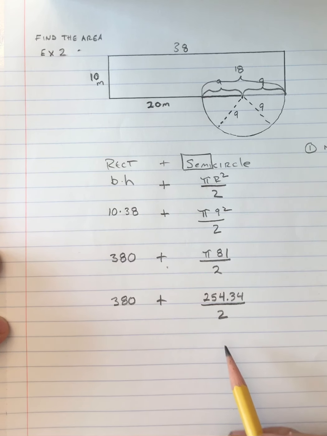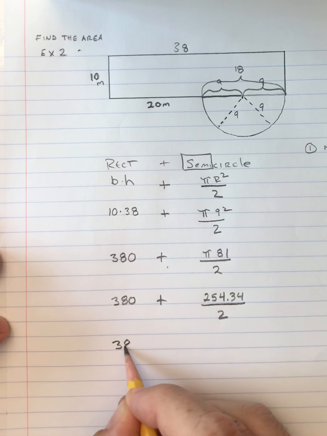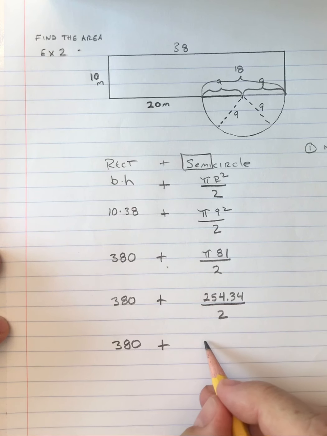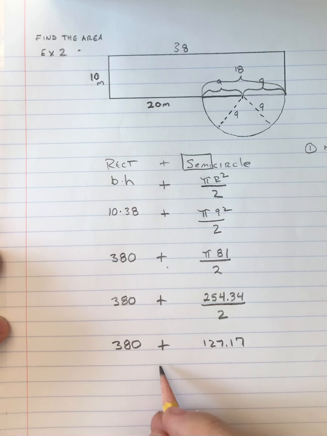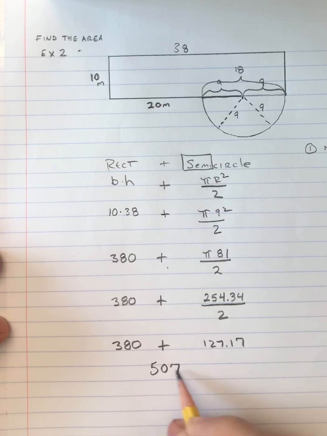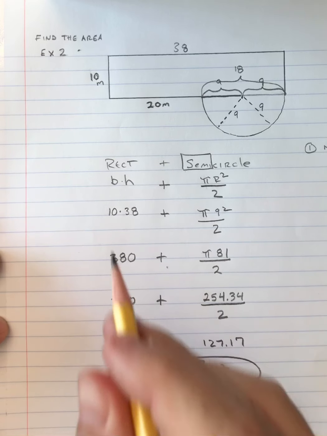That's pi times 81. Alexa, what's 3.14 times 81? 3.14 times 81 is 254.34. Okay, good. This is 380 plus, and I just divide this. This is 127.17. And then I add these together, and this looks like it's going to be 507.17. And this is going to be square meters because it is an area, and we were using meters up here.